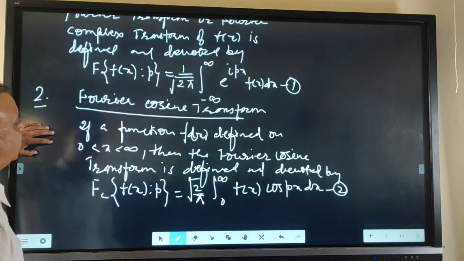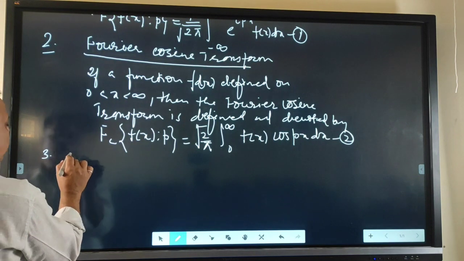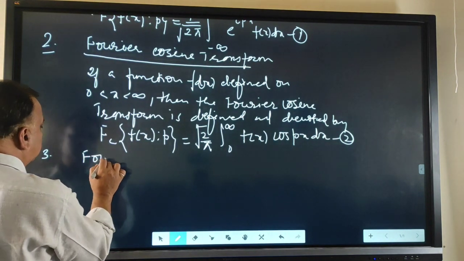The other Fourier transformation is the Fourier sine transformation.